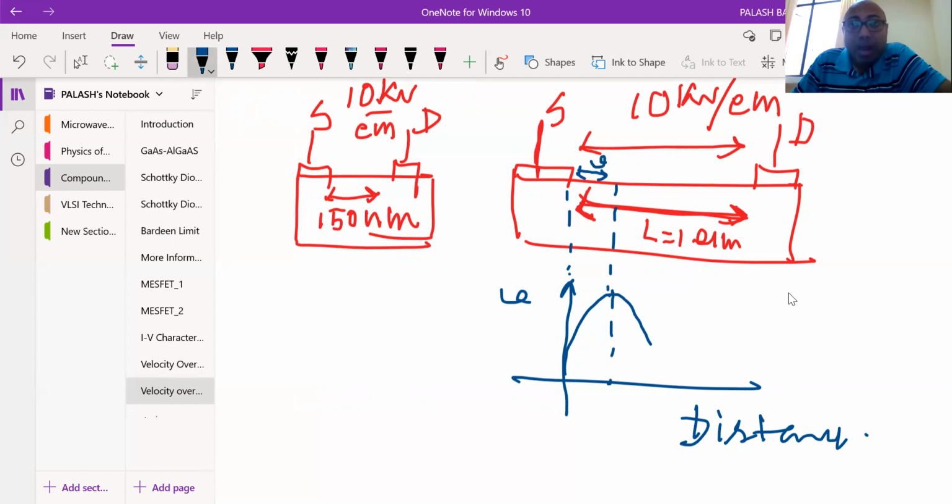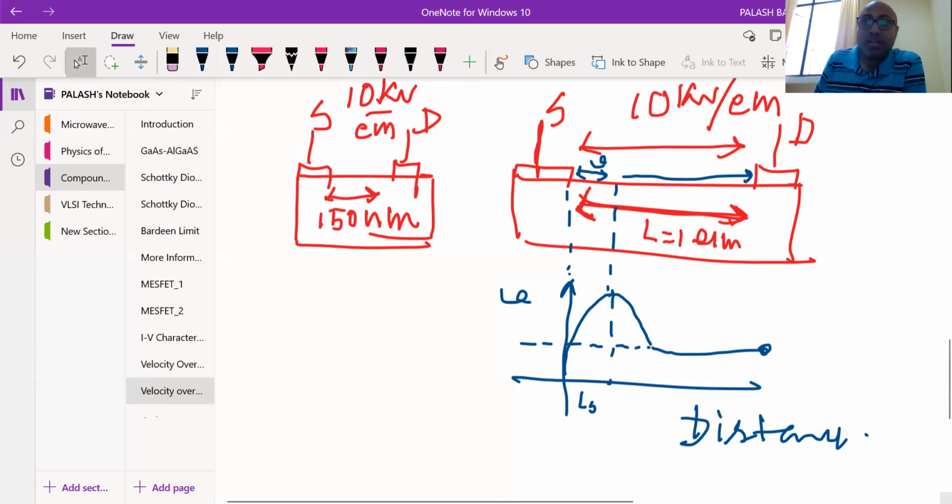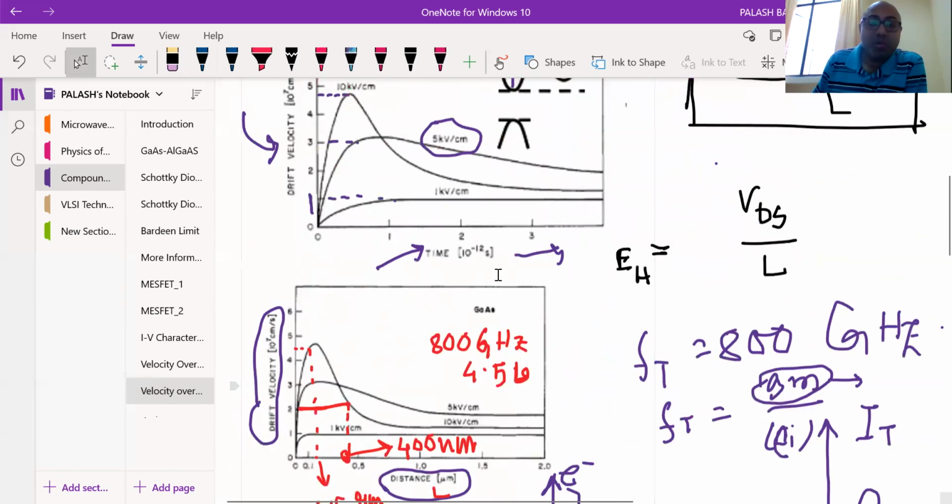So up to this small distance L you are getting high electric field and high velocity. But the problem is that the electron does not end here. The electron is still traveling further, and when it reaches over there, you will get the velocity of this one, right? That is what this picture is telling.